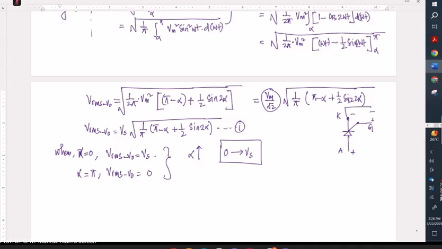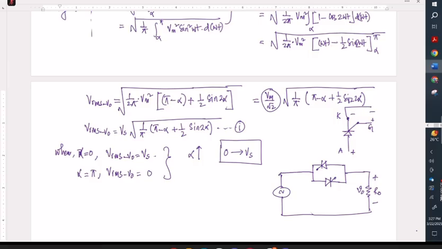Now, if we consider the previous circuit, here we have two thyristors connected anti-parallel. We have one thyristor connected like this, and another thyristor connected like this, and then it is connected to the load. Suppose this is V0.